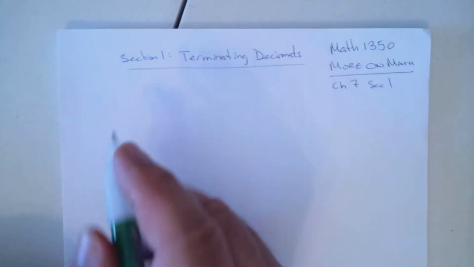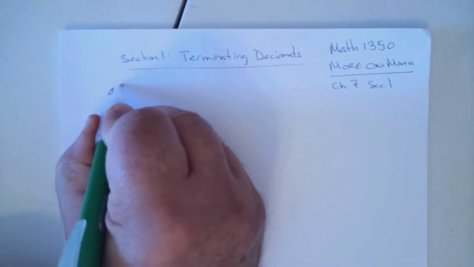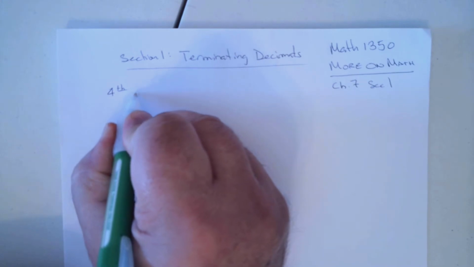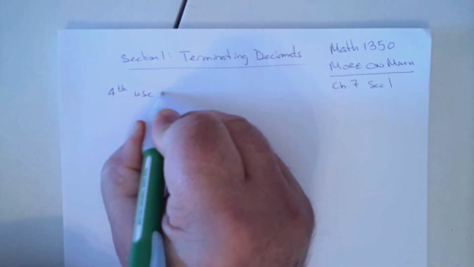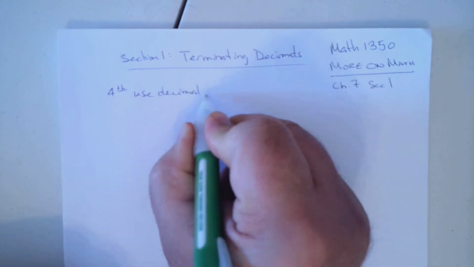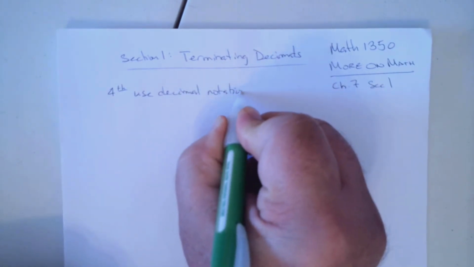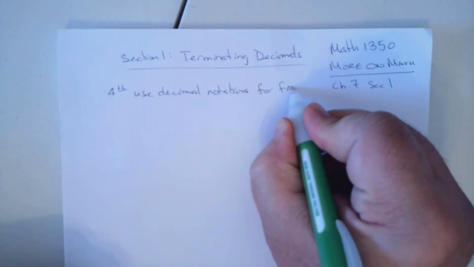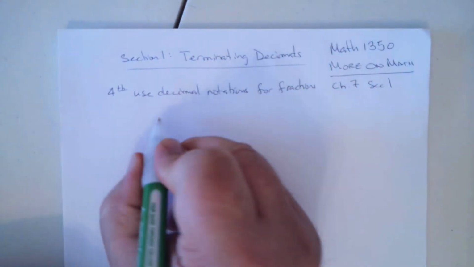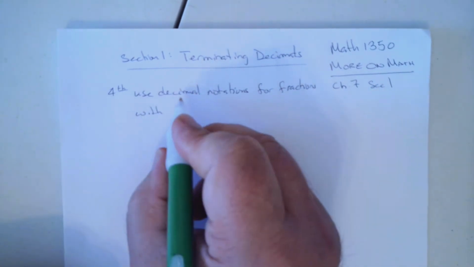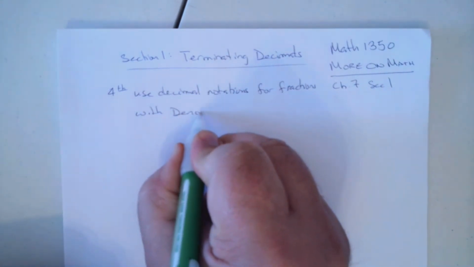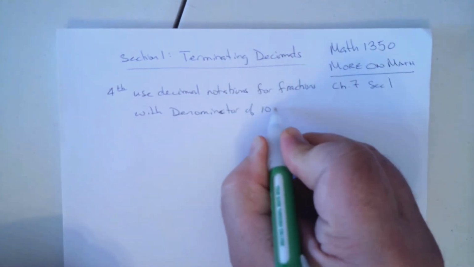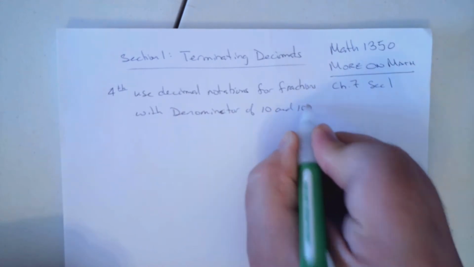Now, this is important because by the 4th grade, approximately, the student's supposed to be able to use decimal notations for fractions with denominators of tens and hundred.